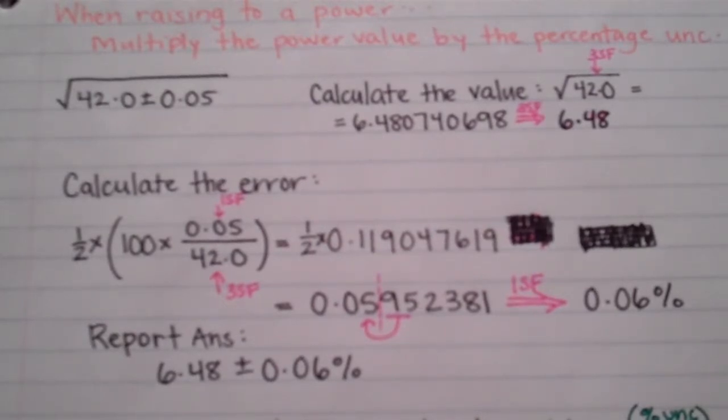Next, I need to calculate the error. Generally, I just need the percentage error, which is 100 times the error from my absolute value, divided by my value that I get in the experiment. So 0.05 divided by 42.0 times 100. However, now, since I'm taking the square root of the value, I need to multiply the power value by my percentage uncertainty.